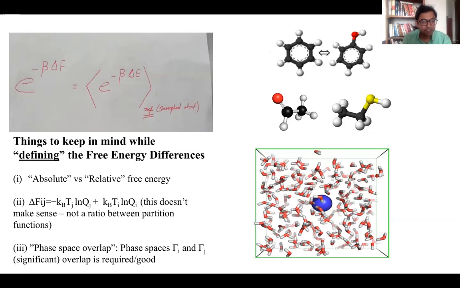The second thing that students who are new to this sometimes make a mistake about is considering the two states at different temperatures, okay? Then what happens? You have Fi equals minus kT log of Qi, so F1 is minus kT1 log of Q1, and the other is minus kT2 log of Q2.